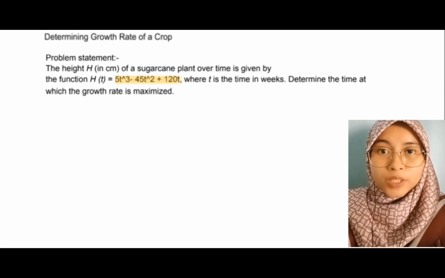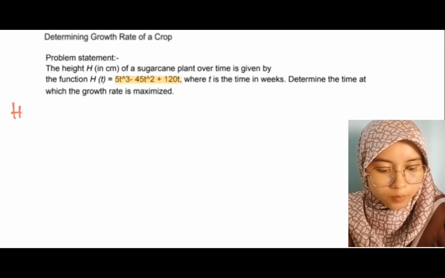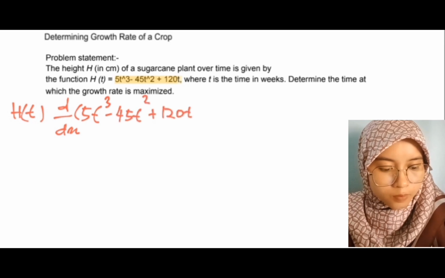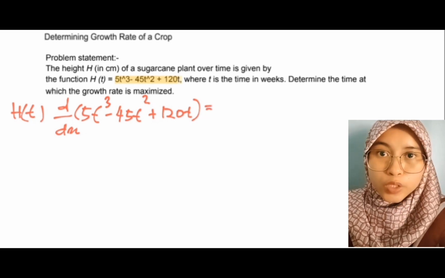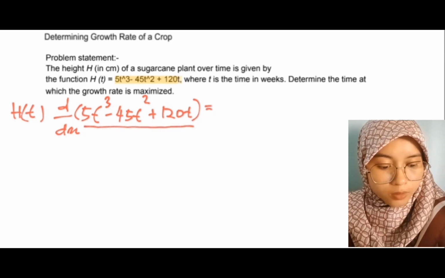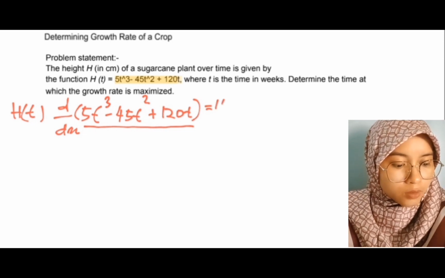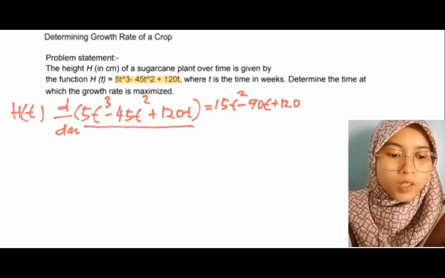Step number 1, we need to find the first derivative. So we need to solve this. Okay, so the answer is this.